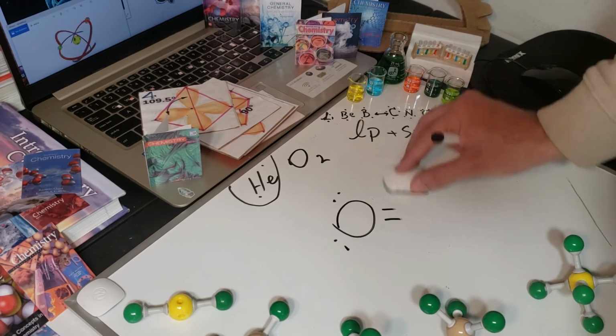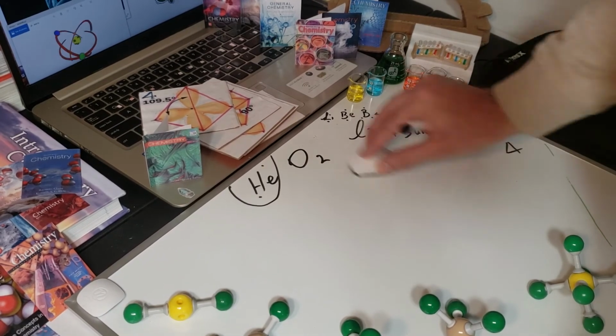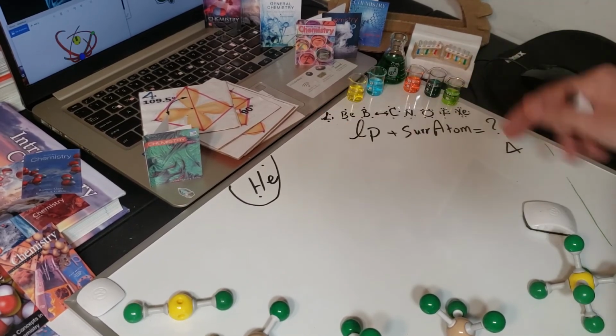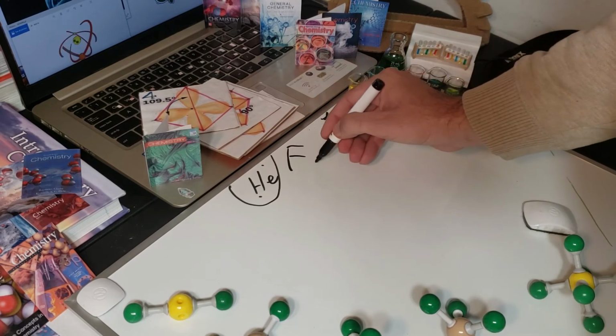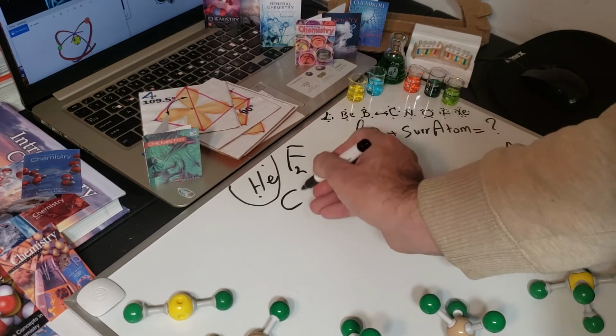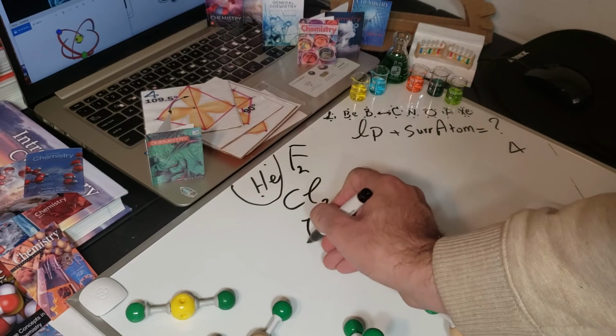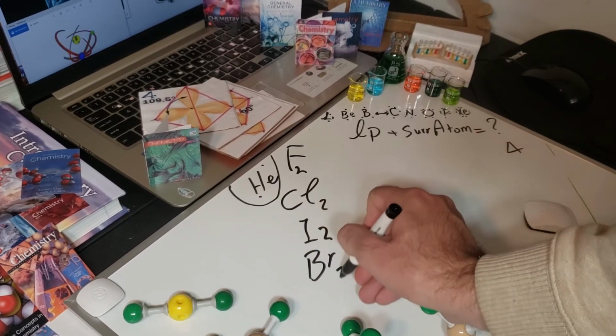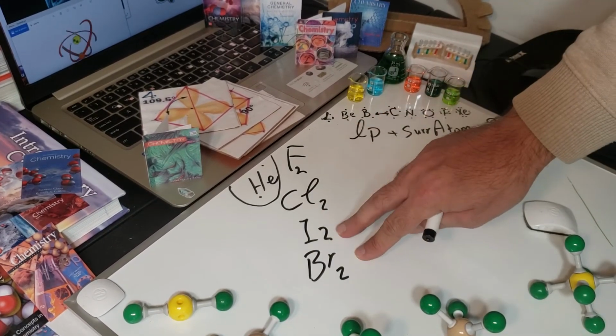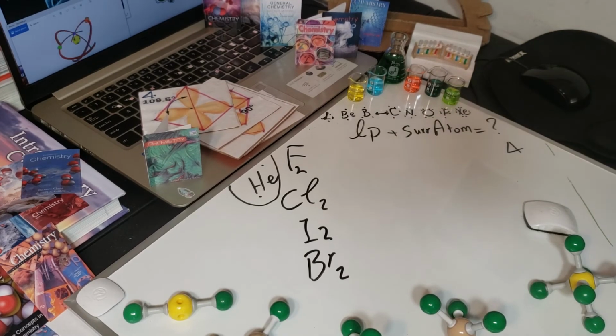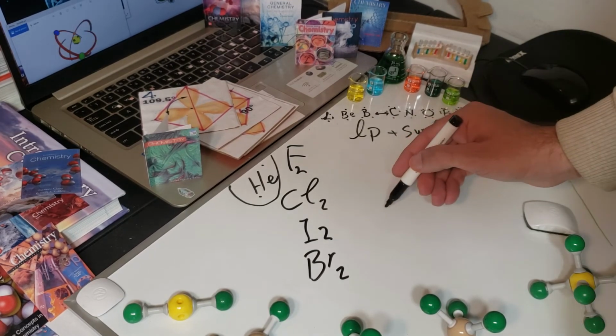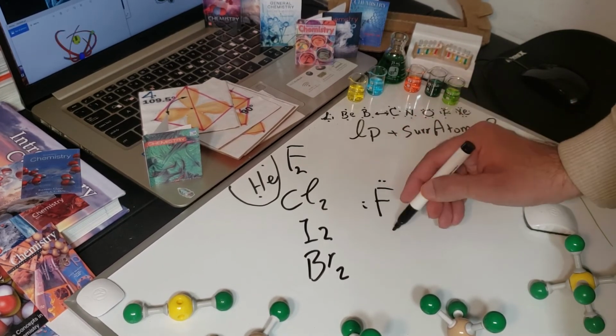And now I'm going to go to a series of halogens. I'm not going to draw all of them, but you're going to see that they're going to be exactly the same. So fluorine, chlorine, bromine, and iodine, they all form diatomic molecules. I'll just do F2, F is group 7.